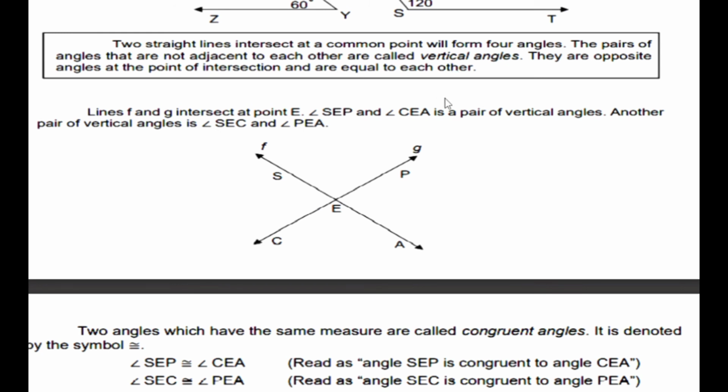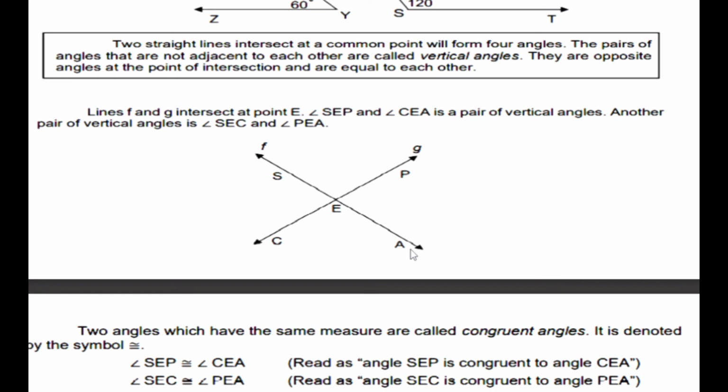In this figure, we have line f, so small letter f, and line g, and the intersection point is point E. It forms four angles. So we have angle SEP and angle CEA, and these two angles are vertical angles.